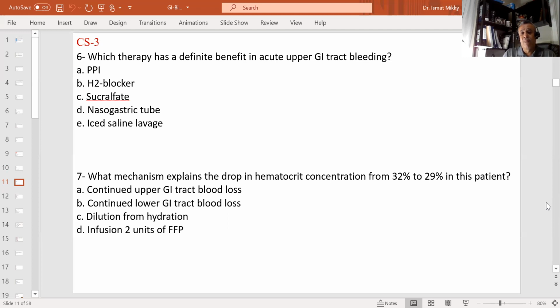This has never been shown with the H2 blockers or even sucralfate. The nasogastric or NG tube has extremely little benefit, so there is no therapeutic intervention with the NG tube. And the saline or isotonic saline lavage is useless.